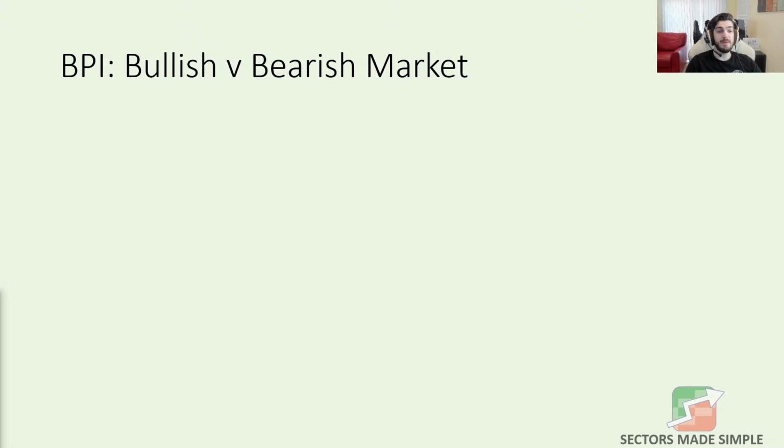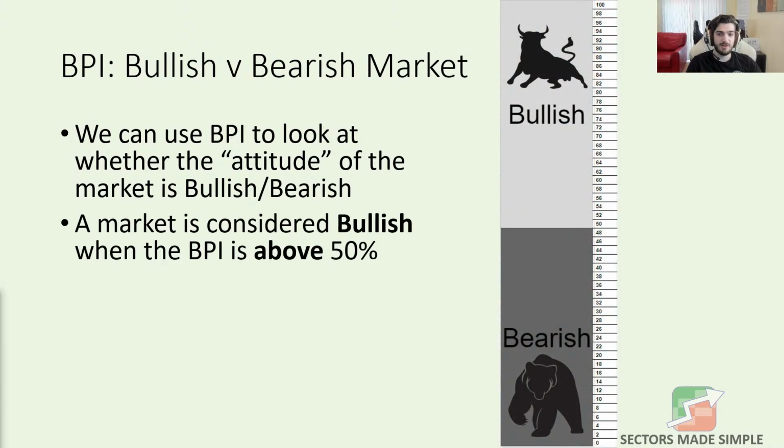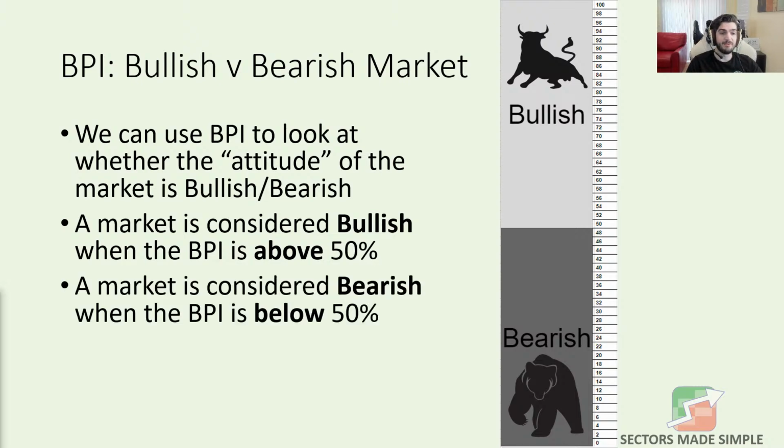Investors or the market think it is going down, a negative price trend. When we look at BPI, we can look at the percent of BPI to say whether the market attitude is bearish or bullish. A market is considered bullish when the BPI is above 50%, and it is considered bearish when the BPI falls below 50%.